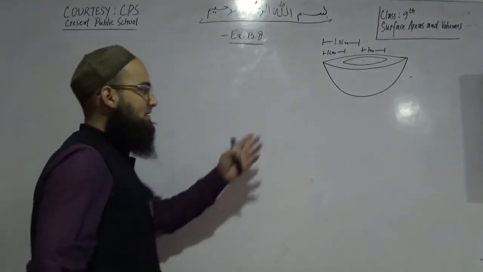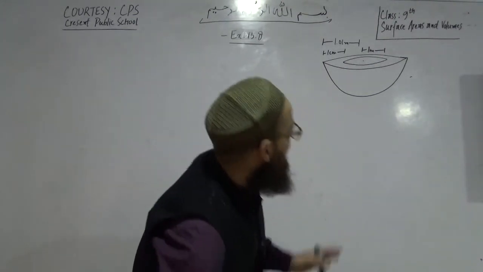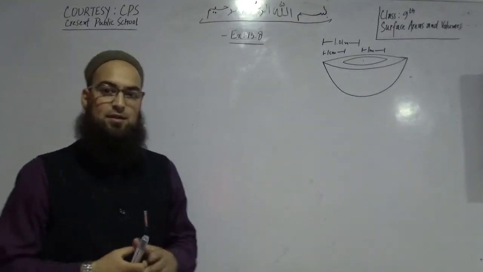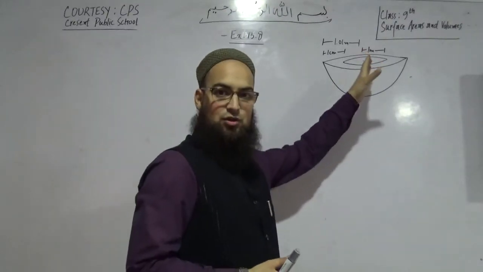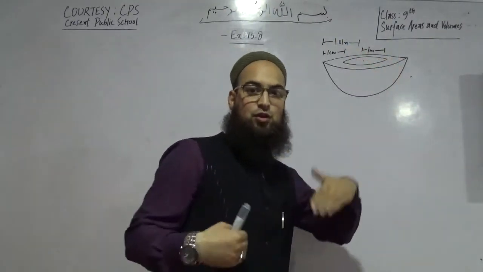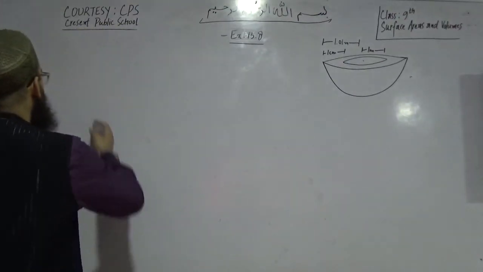This is similar to the case of a cylinder, where you have outer and inner radius. For square you do outer square minus inner square. Similarly here, for cube, you'll do outer cube minus inner cube. Like this, I'll show you.